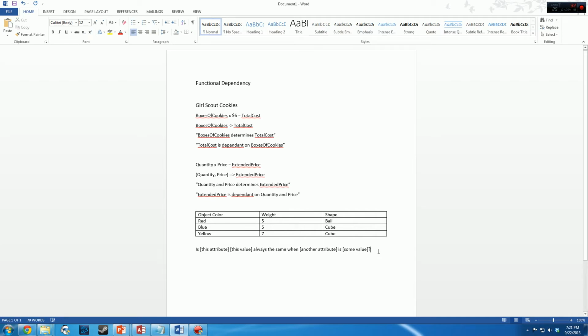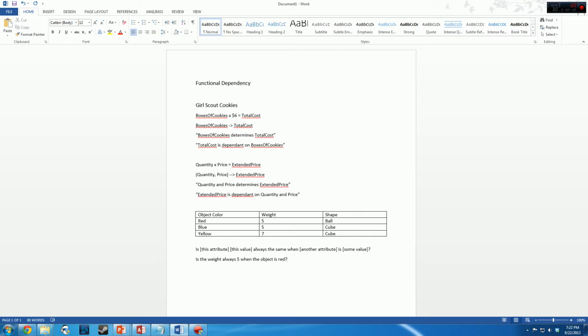So I'll give you an example rather than just the abstract version. Is the weight always 5 when the object color is red?